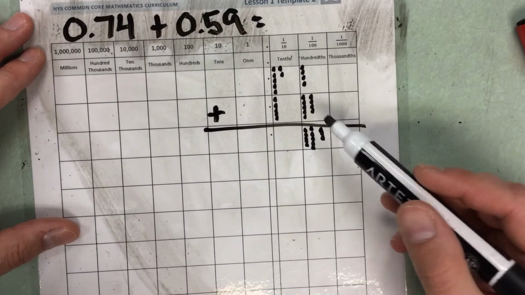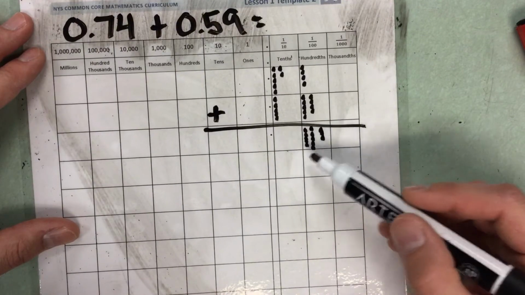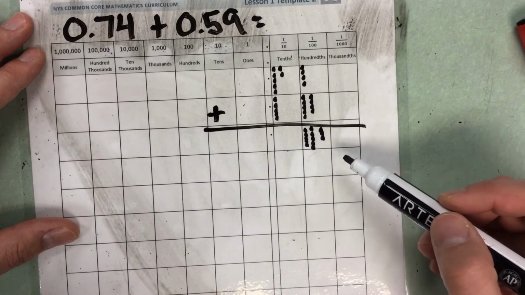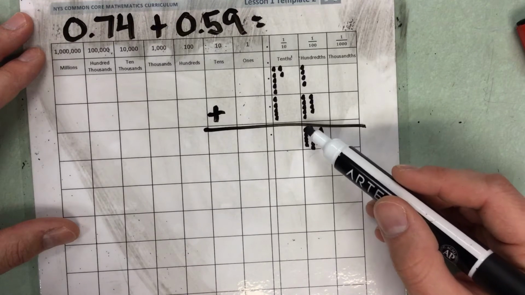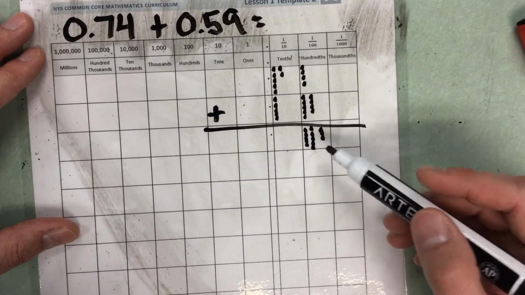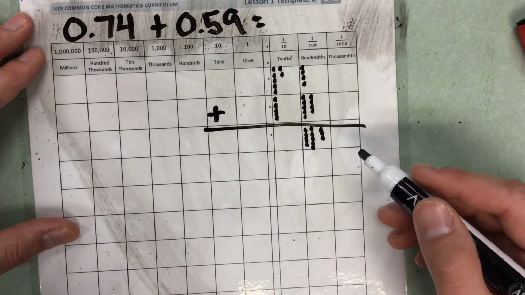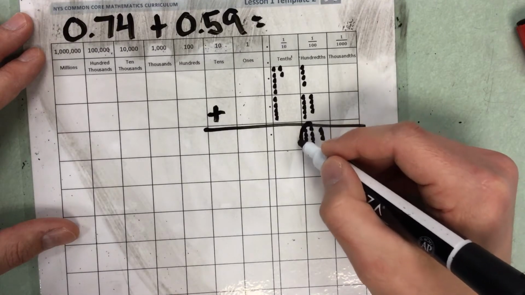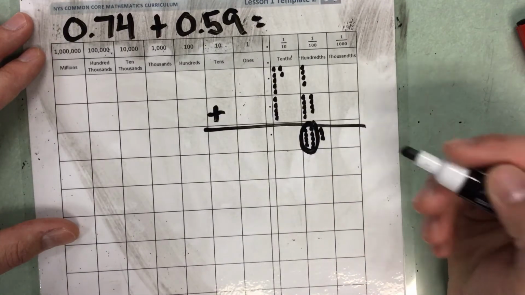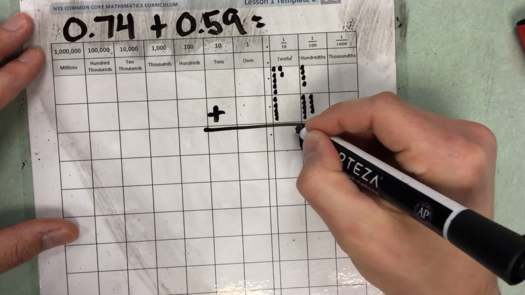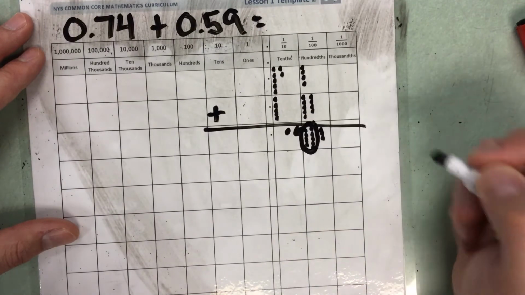Now you should already start thinking that that is too many hundredths in one column. You can only have 9. If you have 10, you need to bundle them and move them over. So I'm going to select these 10. I'm going to bundle them together, and they are going to move over to the tenths column.